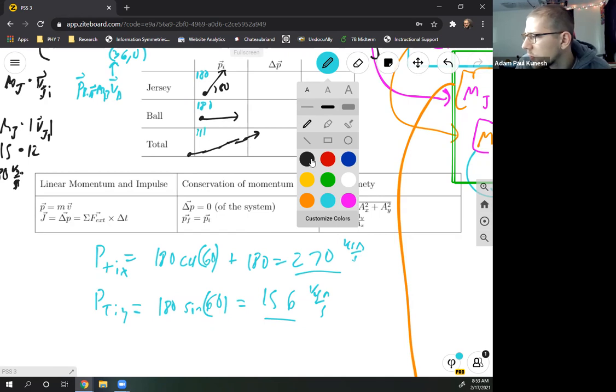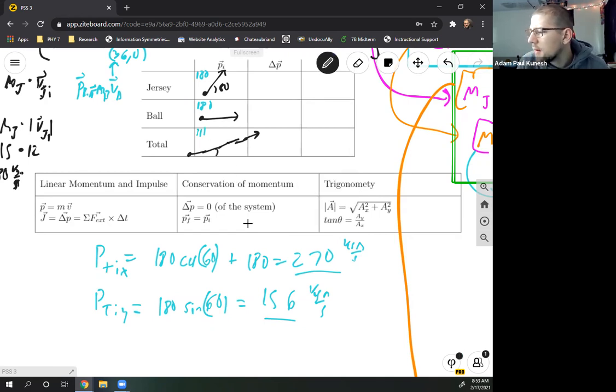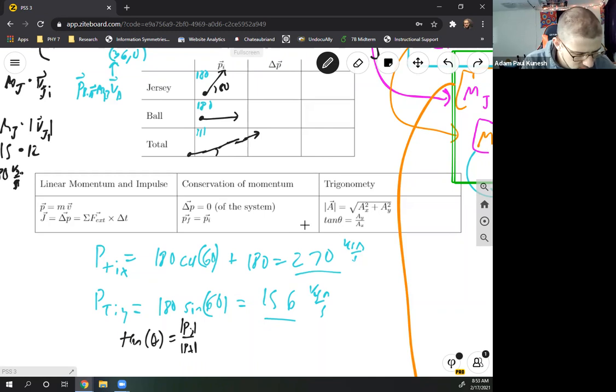And the angle it makes with the horizontal, I can find using tangent of an angle is opposite over adjacent, or in other words, py over px. All right, so that angle, if I do an inverse tangent, arc or inverse tangent on y over x, I get 156 over 270, which is 30 degrees. So this makes a 30-degree angle.